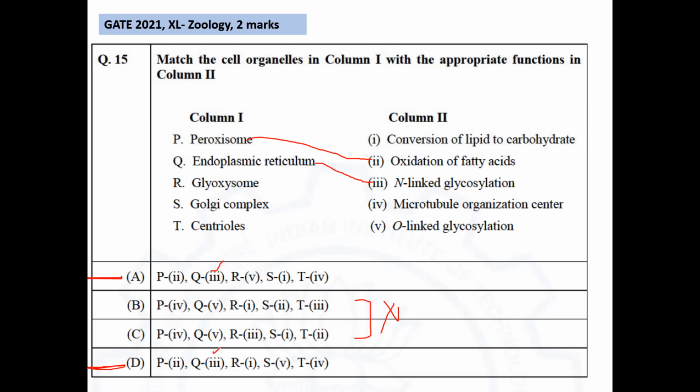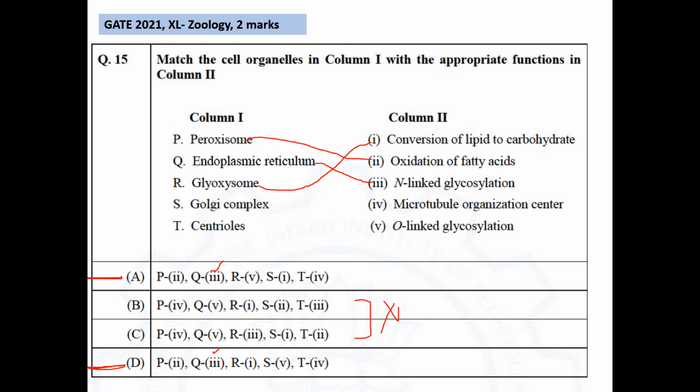So we move on to the next option, which is glyoxysome. Glyoxysome is a special kind of peroxisome, and it helps in the conversion of lipid to carbohydrate.